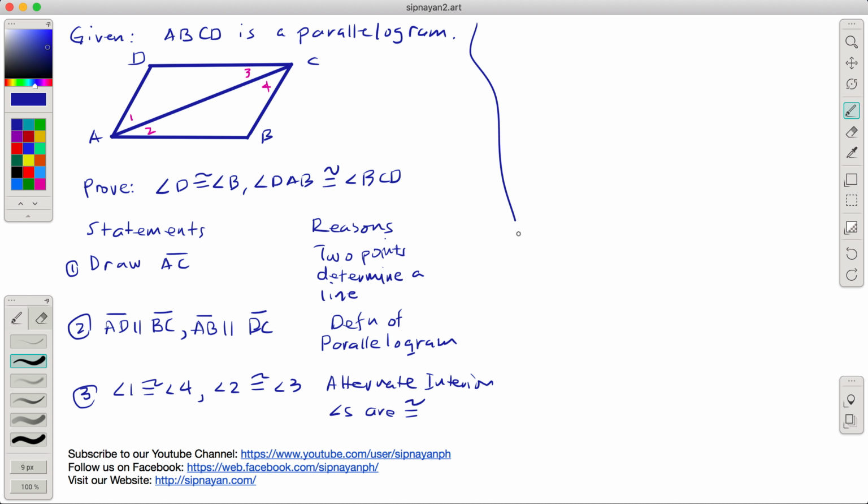So of course, we still have our statements and reasons. Statement number 4 is, what else? We know that AC is congruent to AC. So, of course, a segment is congruent to itself.